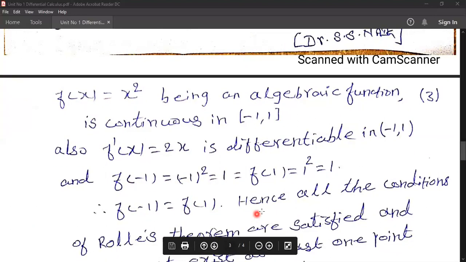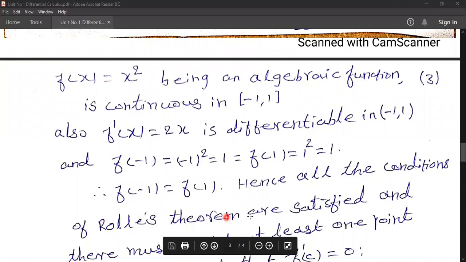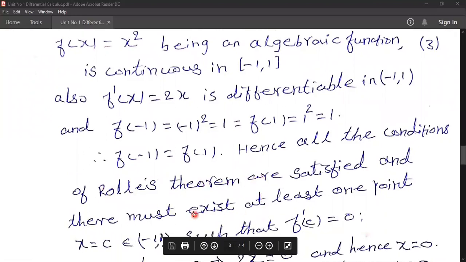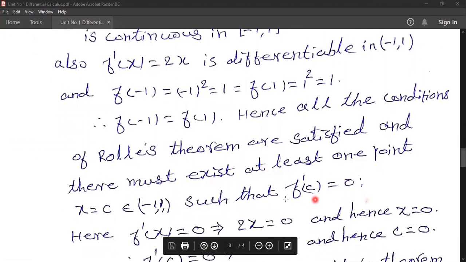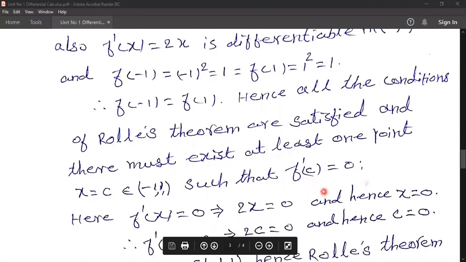Therefore, all the conditions for this function f of x equal to x squared are satisfied, and hence by Rolle's theorem there must exist at least one point x equal to c belonging to this open interval minus 1, 1 such that f dash of c must be equal to 0.